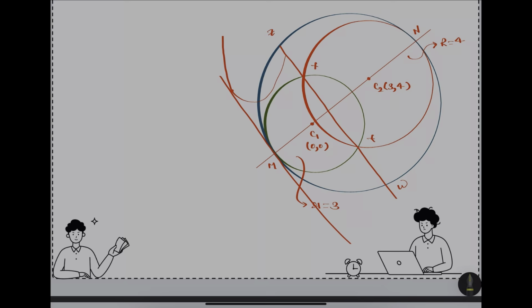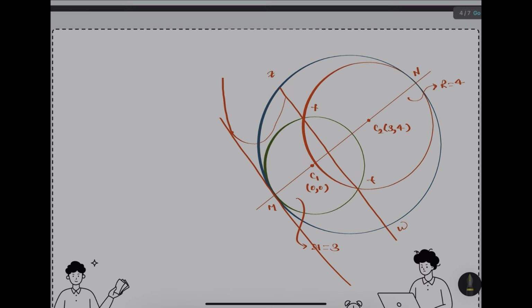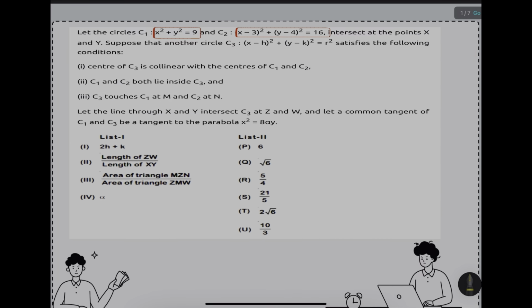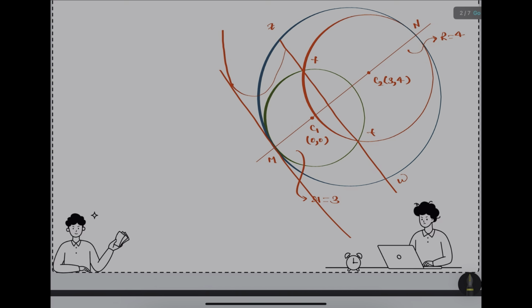So let's go with the center of the circle C3. I'll go with the radius first.